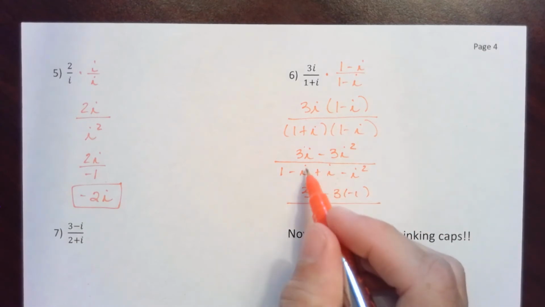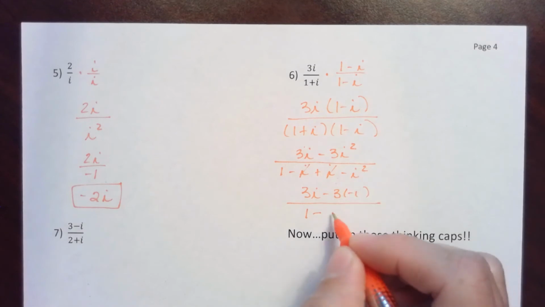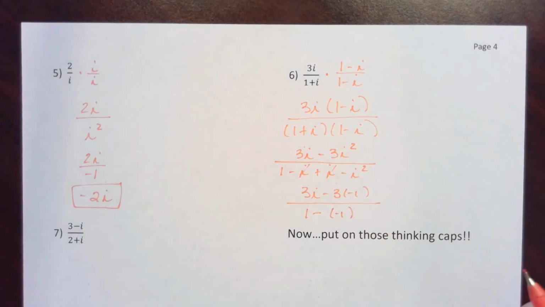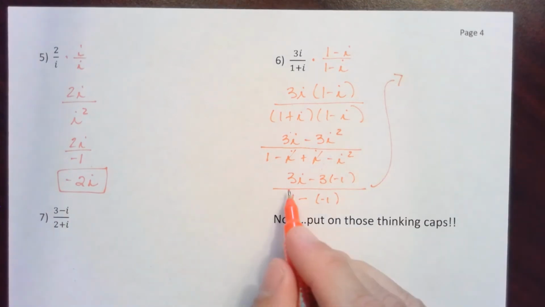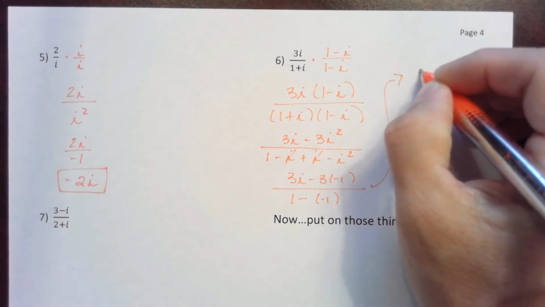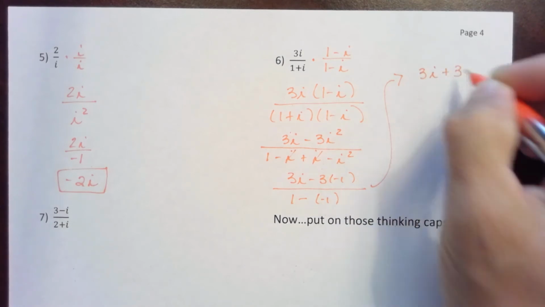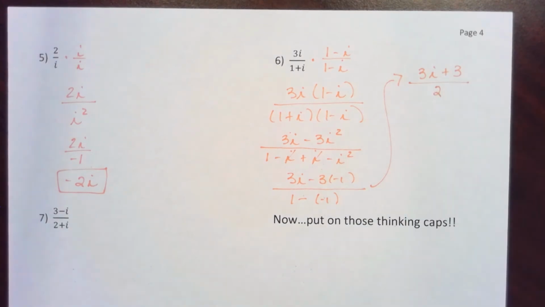Negative i plus i is 0. i squared is negative 1. So we have 3i, and then negative 3 times negative 1 is positive 3. So 3i plus 3. 1 plus 1 is 2.